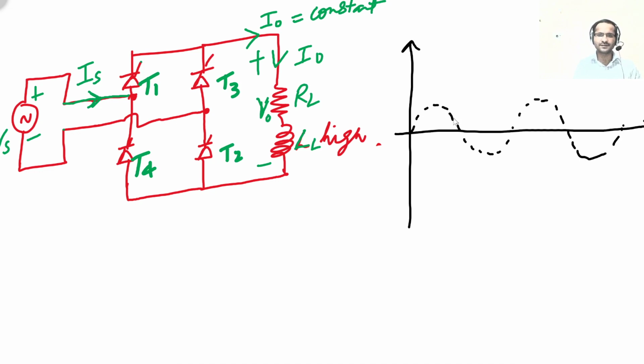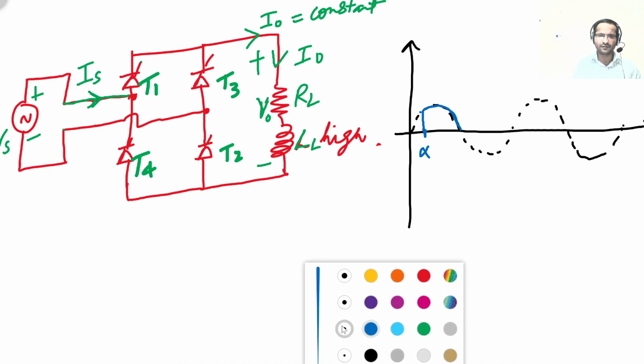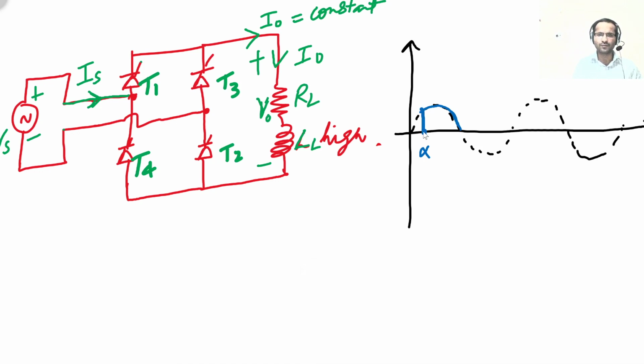Now let us say alpha is given at some 30 degree or 45 degree, any value you can take, and this is how output voltage varies with respect to time.